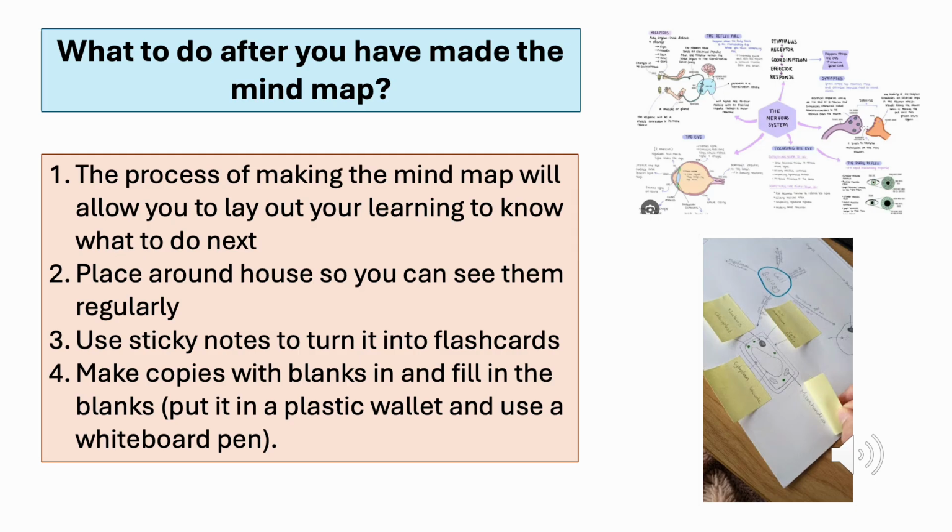So if we take science again, so if in the middle of your mind map you've got biology paper 2, and you've then got your branches going off, you've then clearly laid out in front of you all of your learning that you need to make sure you've nailed before your exam. So the process of making it is going to be really useful to you.